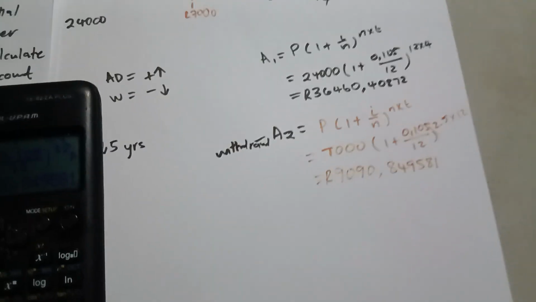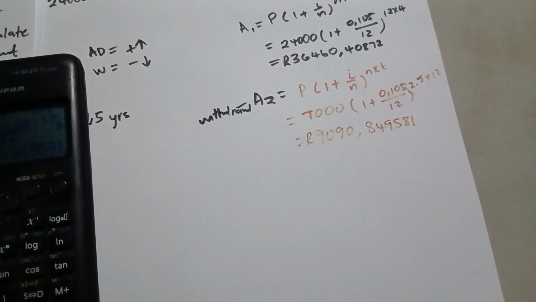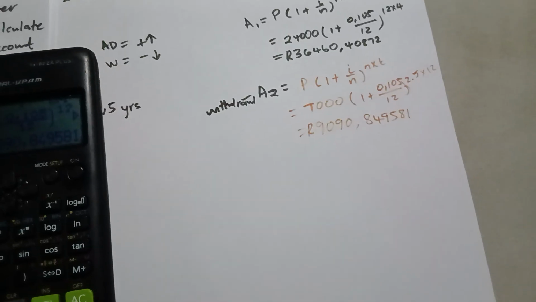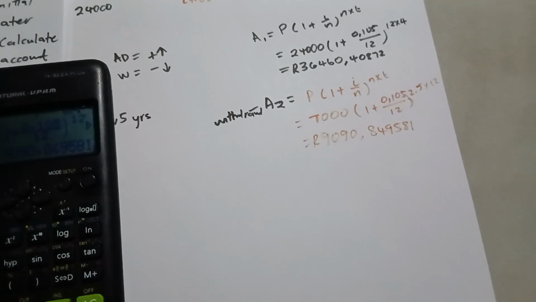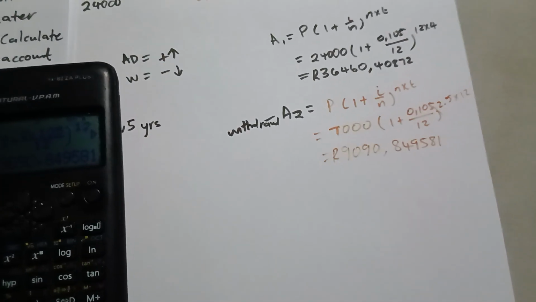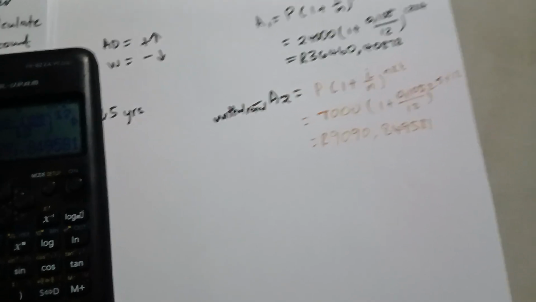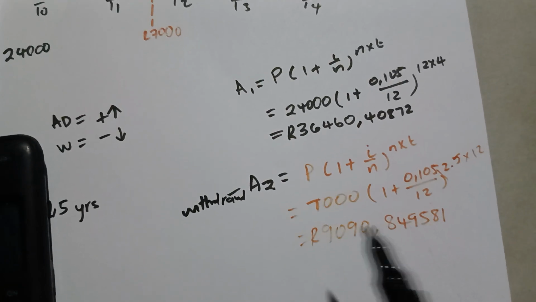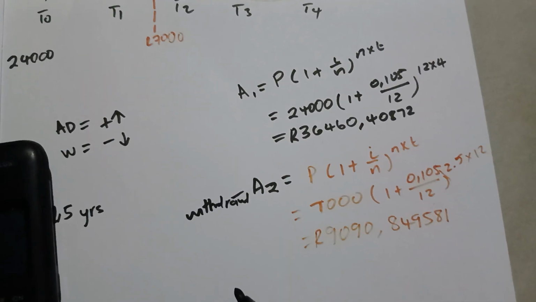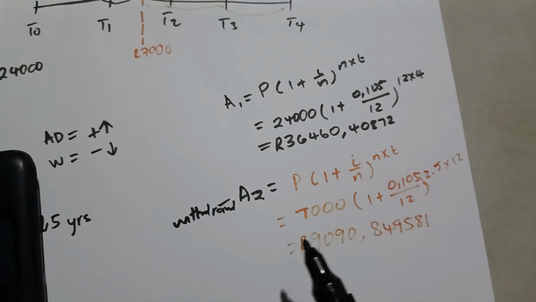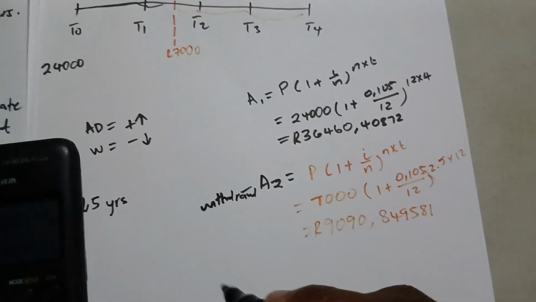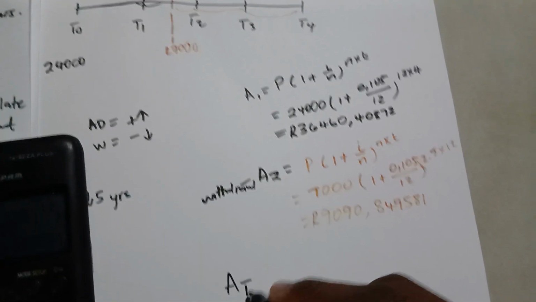Hence I said initially that if you withdraw money, you are going to affect the interest. If I didn't withdraw this 7,000, I was going to get good money, but because I had to withdraw, I'm losing.